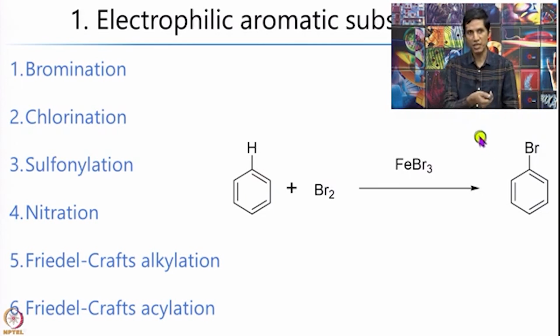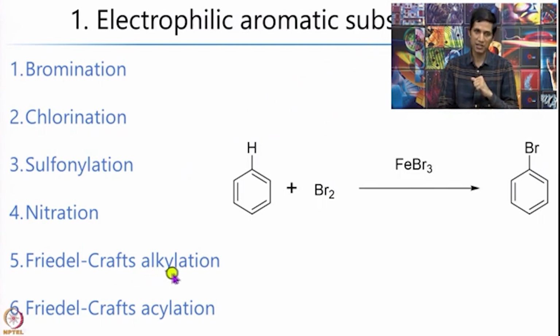That is how we get these reactions: bromination if a hydrogen is replaced by bromine, chlorination if a chlorine replaces the hydrogen, sulfonation if an SO3H group replaces it, and nitration if the hydrogen is replaced by NO2 by using HNO3 and H2SO4.